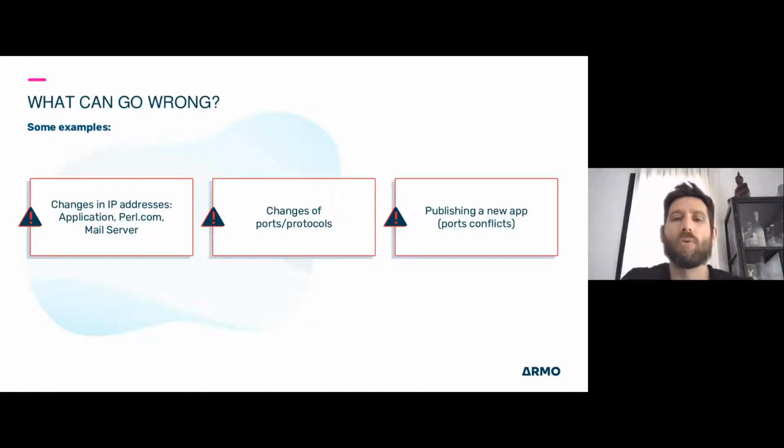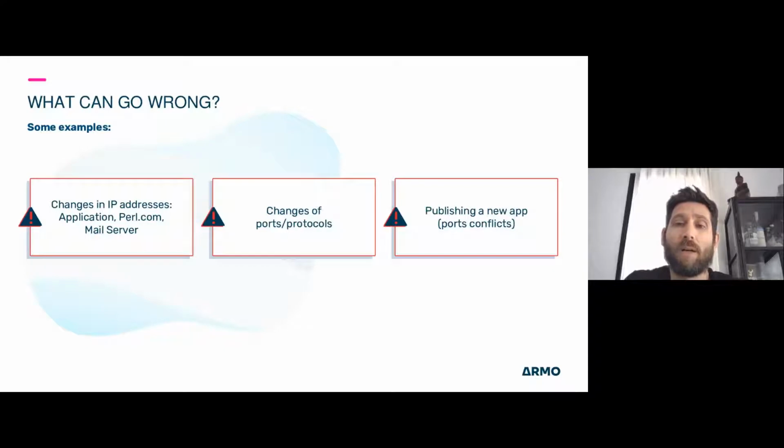Now, what can go wrong? So one thing that can go wrong is changing the IP addresses of the external entities. It can really go wrong because they had to go back and change the IPs on the objects that they created. Changes in the ports and protocols.